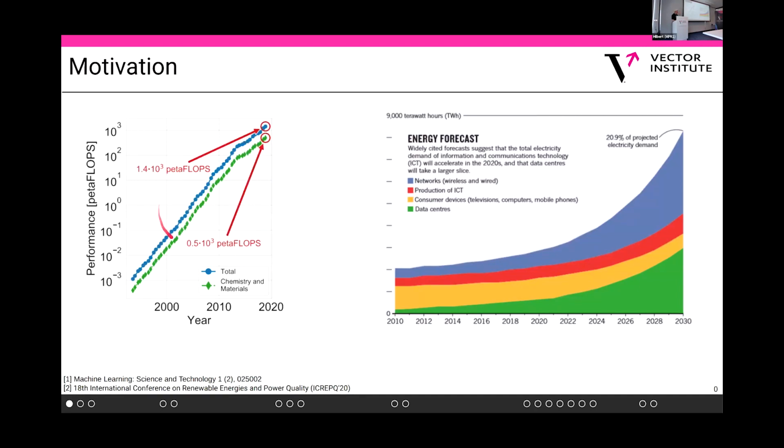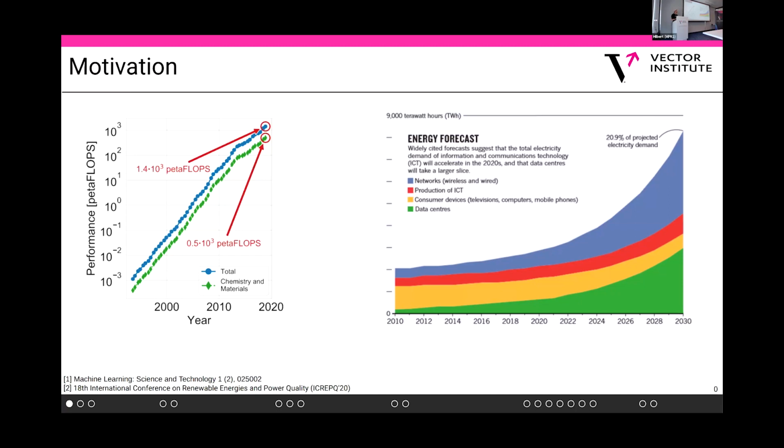Here you can see the performance of the top 500 supercomputers in petaflops over the past 20 years. And 35% of this is chemistry and materials. That's a large amount. On the right, you see an energy forecast.